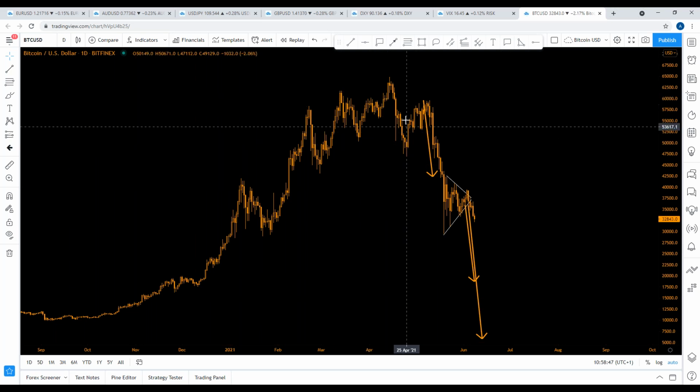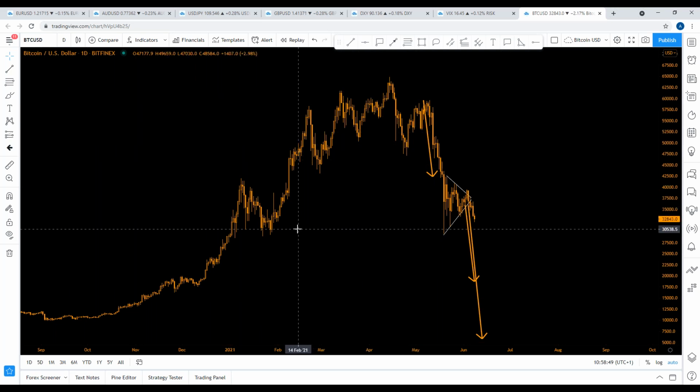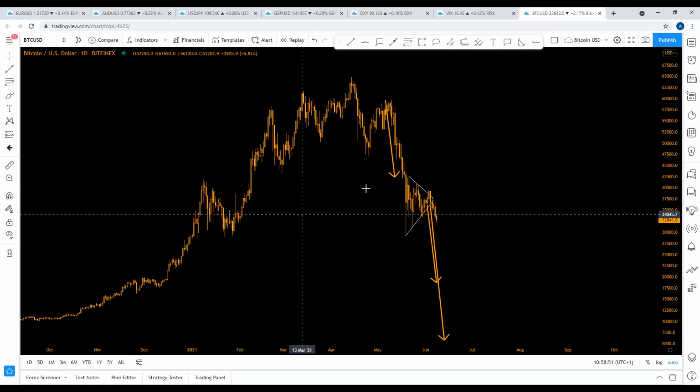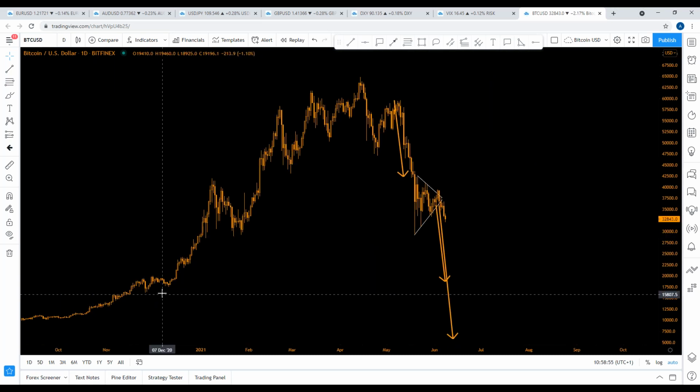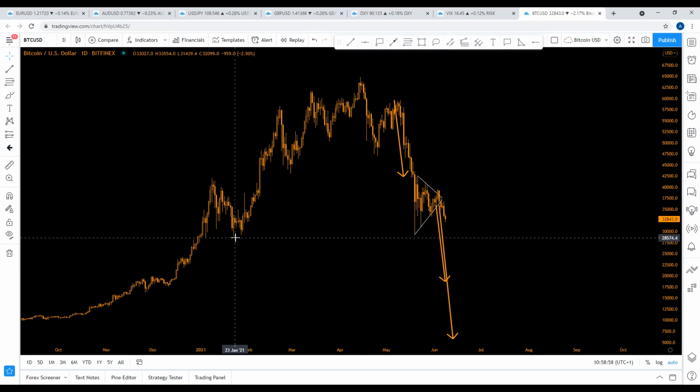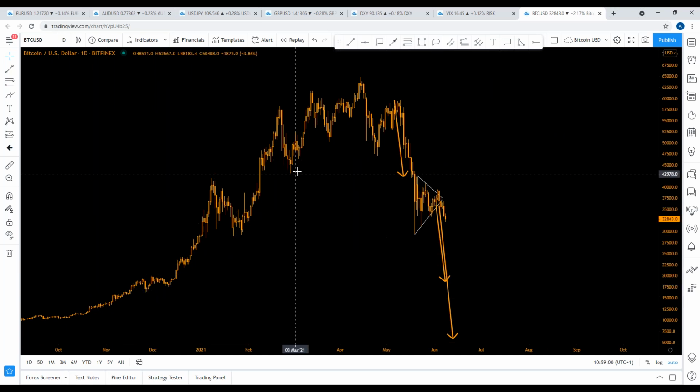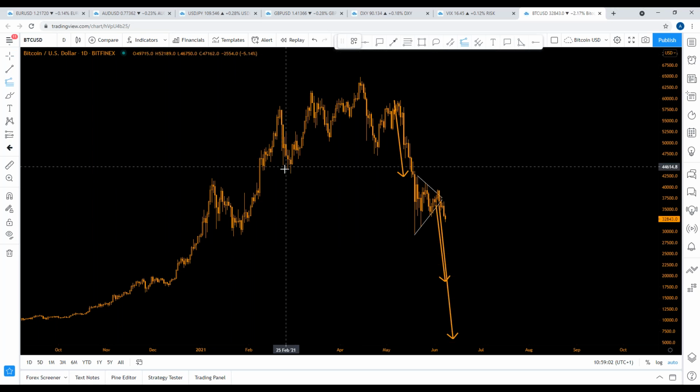Next up, we have the projection. Bitcoin's not the greatest for this, so I'll start from this point here. A projection requires three points.